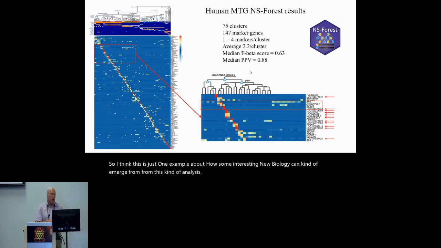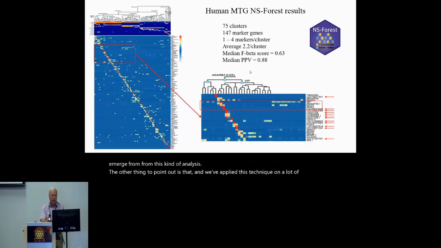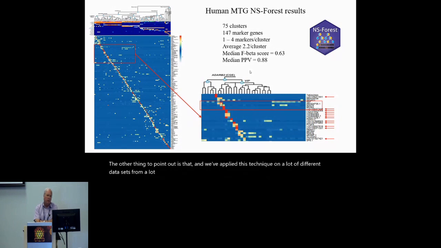The other thing to point out is that we've applied this technique on a lot of different cell data sets from a lot of different organs, and it seems like on average, 2 marker genes is sufficient to give us maximum classification accuracy, regardless of whether we're dealing with neurons in the brain or cells in the lung or other tissues.